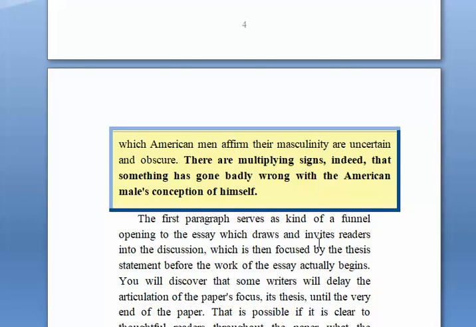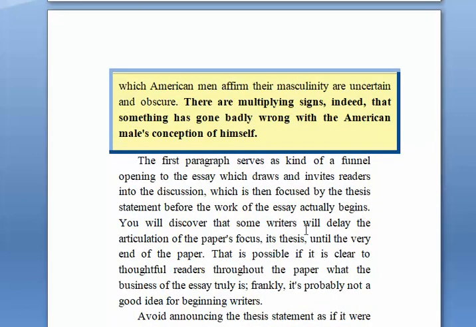Okay, you will discover that some writers will delay the articulation of the paper focus. Paper focus means thesis statement. They delay the thesis until the very end of the paper. That is possible, but normally people locate the thesis statement at the end of the first paragraph or at the beginning of the first paragraph, not the end of the paper.